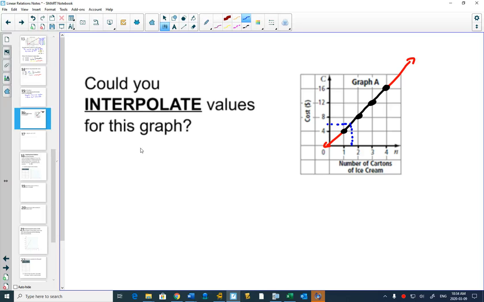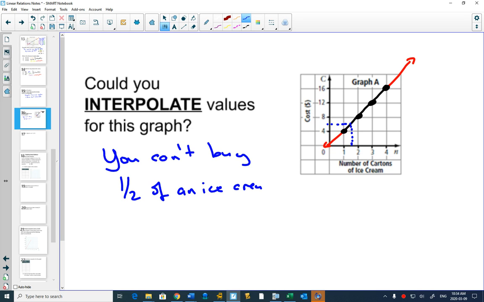What's going to happen? Probably security is going to be like, there's a guy in here with a knife, he's attacking the ice cream cartons, help. So you can't buy half of an ice cream carton.